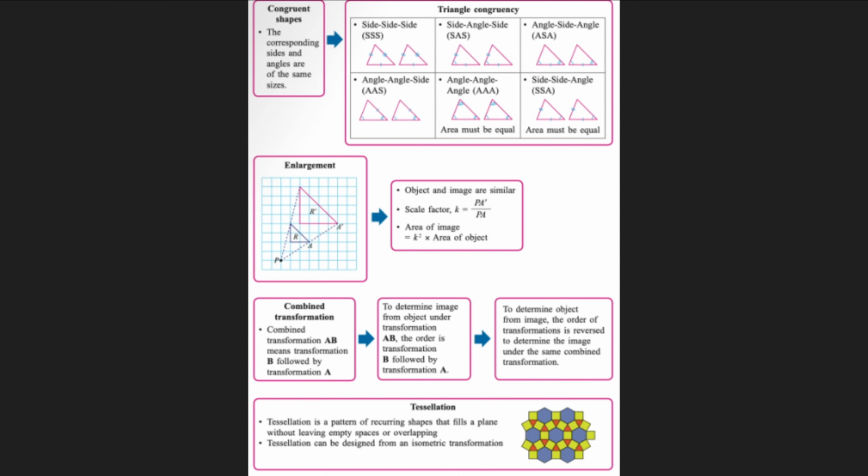For combined transformation, AB means transformation B must be followed by transformation A. To determine the image from the object under transformation AB, the order of transformation must be B followed by transformation A. To determine the object from the image, the order of transformation is reversed compared to determining the image under the same combined transformation.